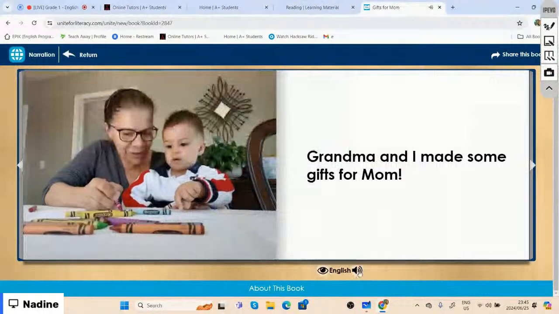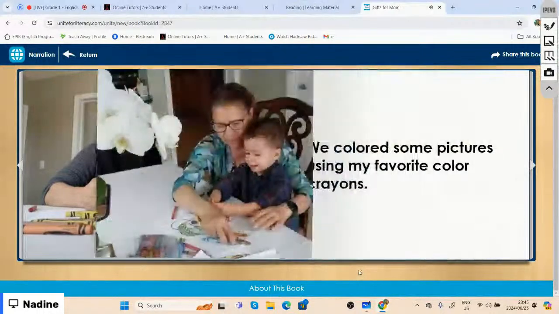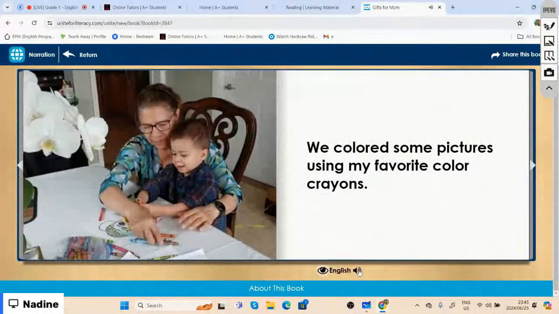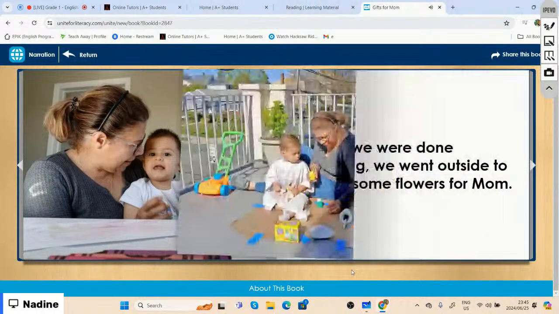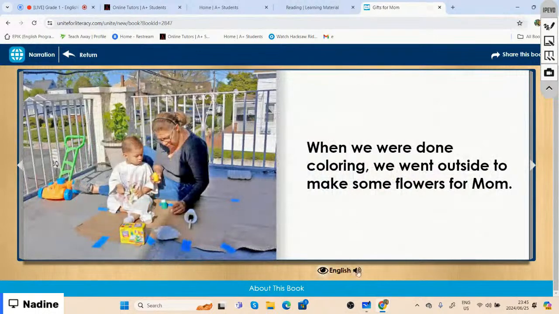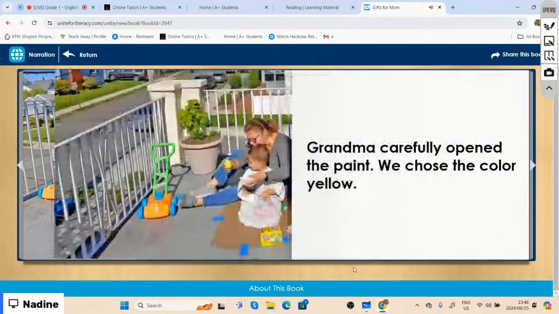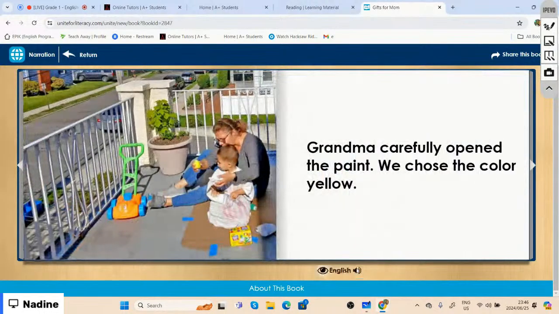Grandma and I made some gifts for Mom. We colored some pictures using my favorite color, crayons. Then Grandma helped me fold the picture into a fan. Mom is going to like it. When we were done coloring, we went outside to make some flowers for Mom. Grandma carefully opened the paint.